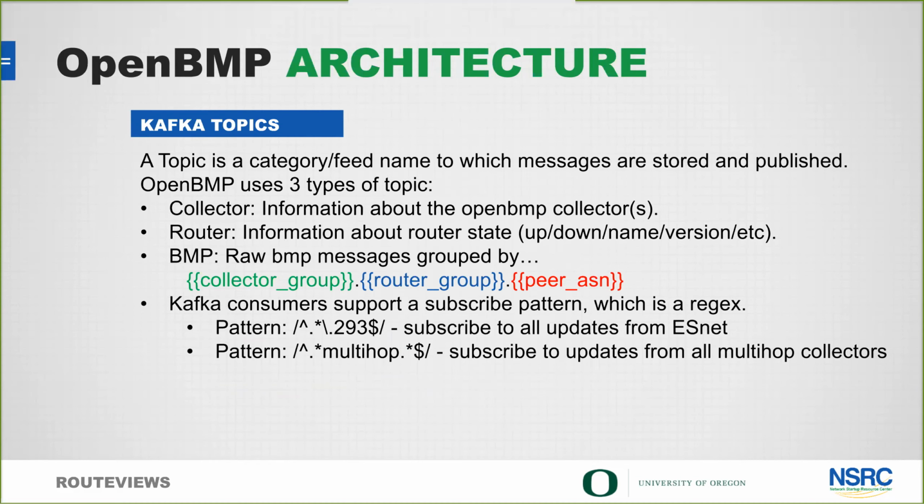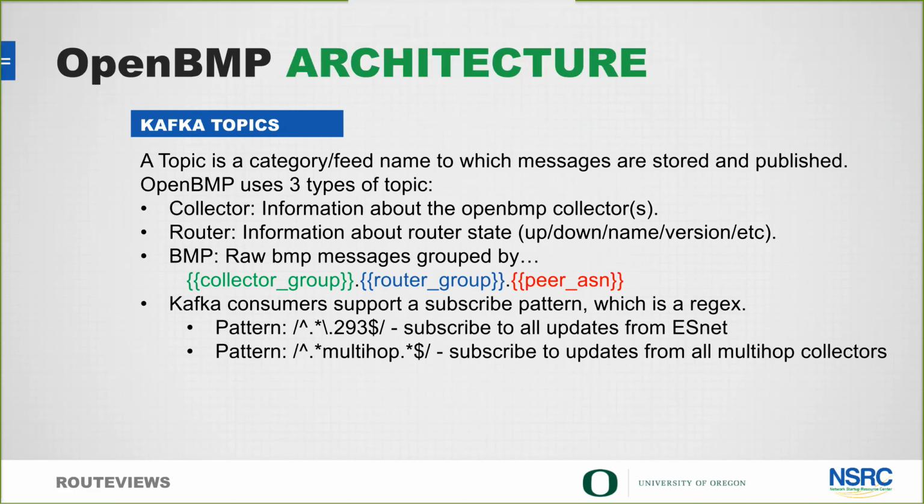We have the collector topic, which is data about what's going on with the different OpenBMPD collectors. We have router information, which is what we're seeing from our BGP peers or any other device that's sending us BMP data. That includes the BMP state, in terms of is the session up, is it down, what type of router it is, what version it is, etc.